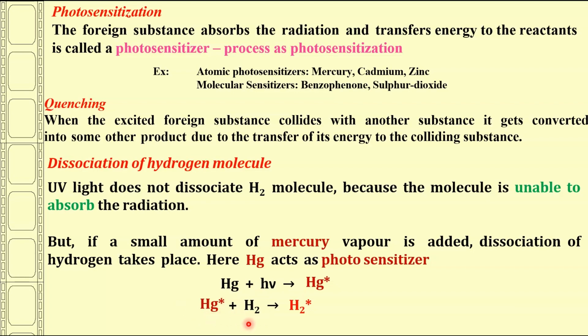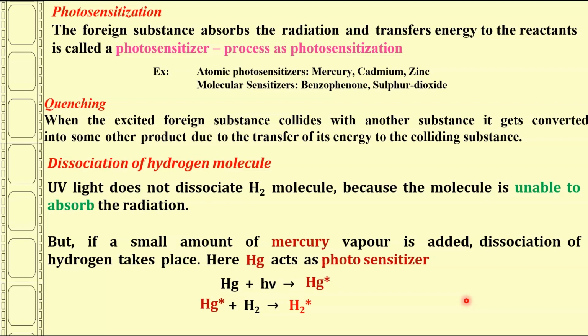When it collides with the hydrogen molecule, it transfers its energy to the hydrogen, and the hydrogen molecule goes to the excited state, and the Hg which has transferred the energy again absorbs the UV light, gets excited, and this excited mercury again reacts with hydrogen, and the process continues until all the hydrogen molecules are in the excited state.